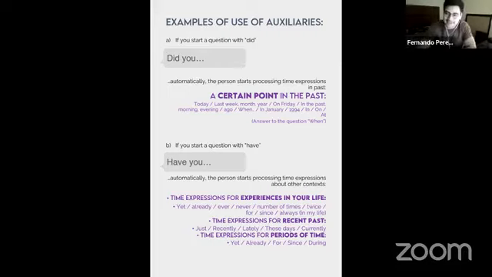The verb is a different story. The verb is a conjugation. But the auxiliary has a strong relation with the time expression. Take note on that, guys.